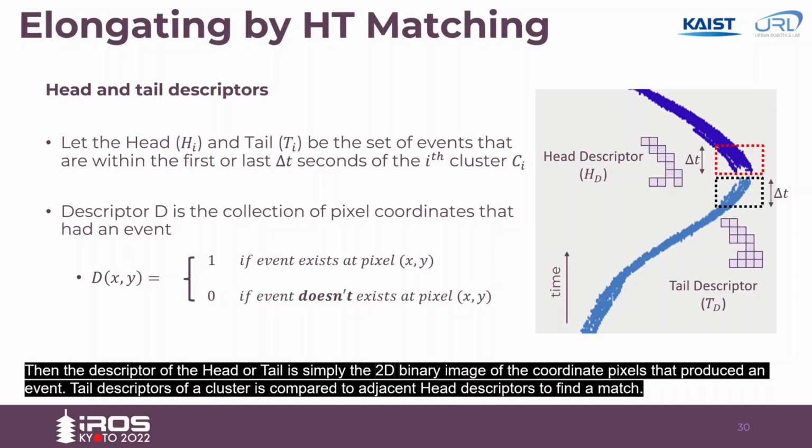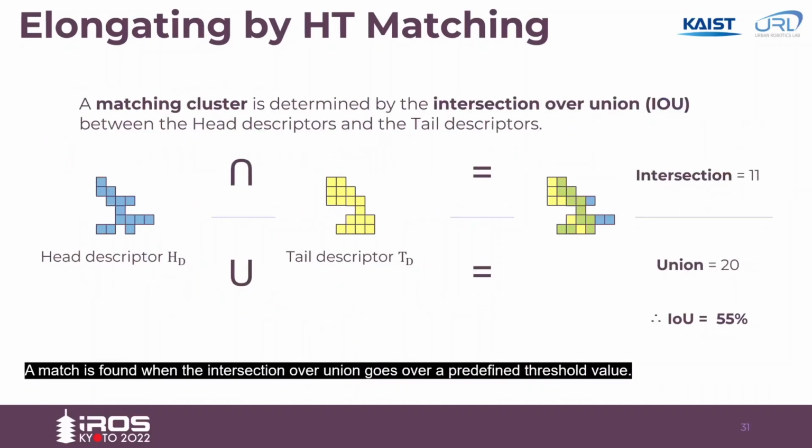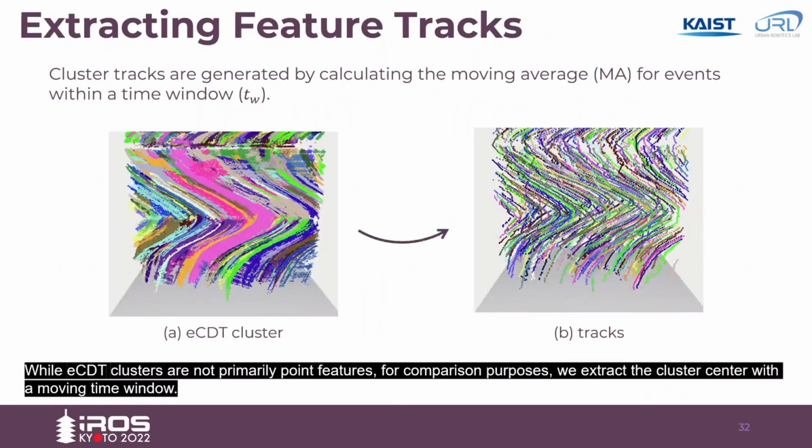Tail descriptors of a cluster are compared to adjacent head descriptors to find a match. A match is found when the intersection over union goes over a predefined threshold value. While eCDT clusters are not primarily point features, for comparison purpose, we extract the cluster center with a moving time window.